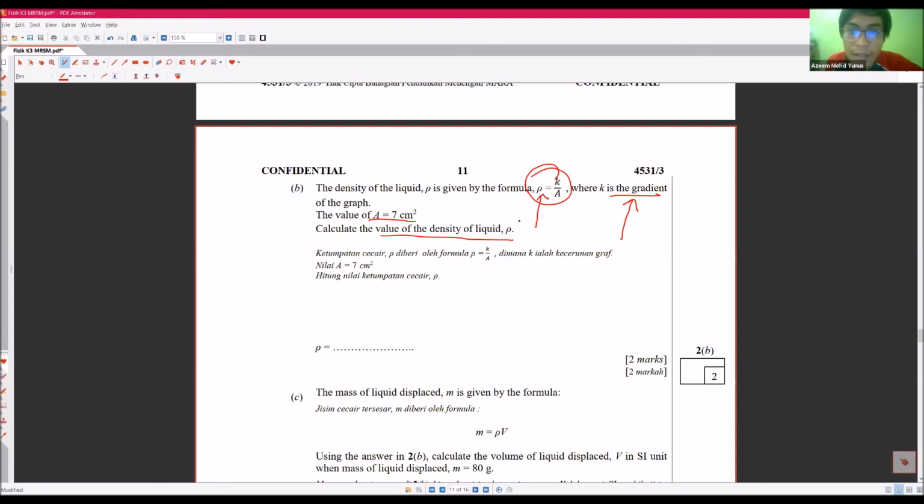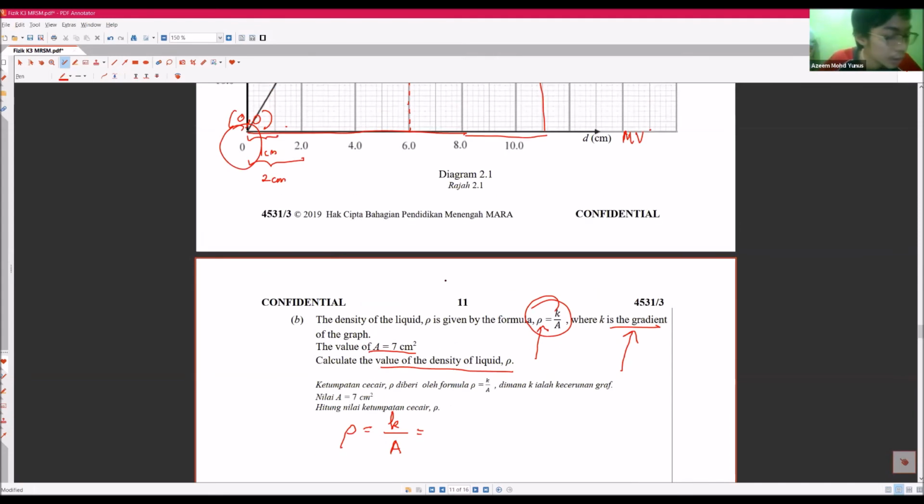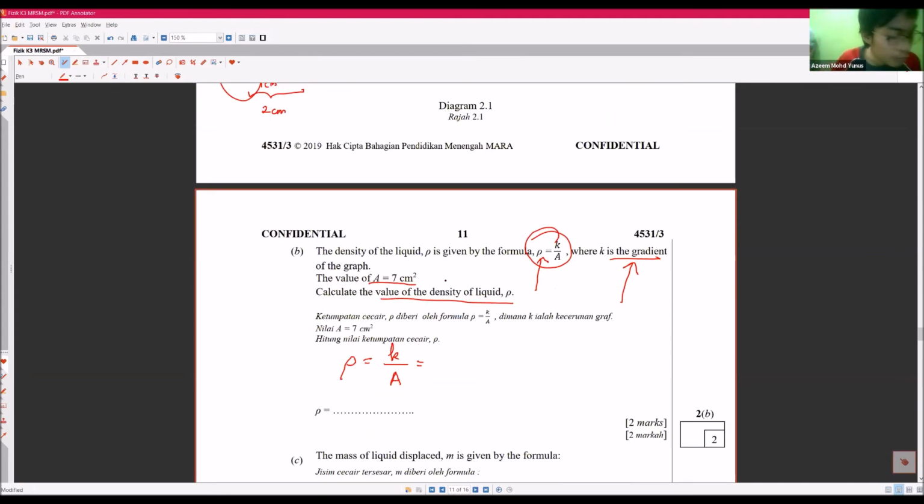In this case, no. You just plug in all the values that are given or obtained before. So the value that you obtained before is 8.2 g/cm.